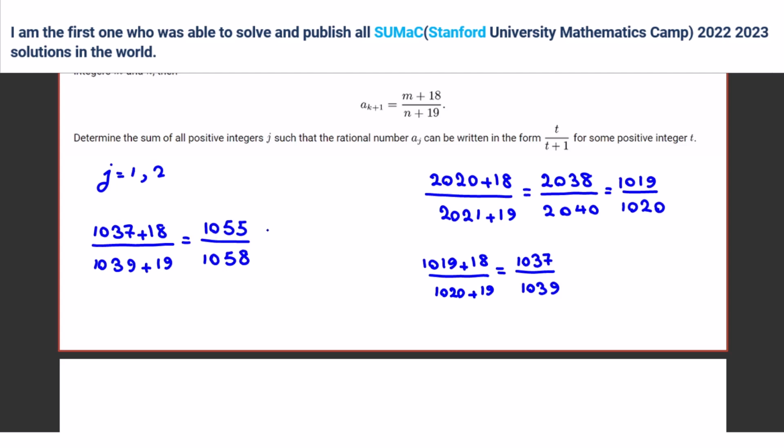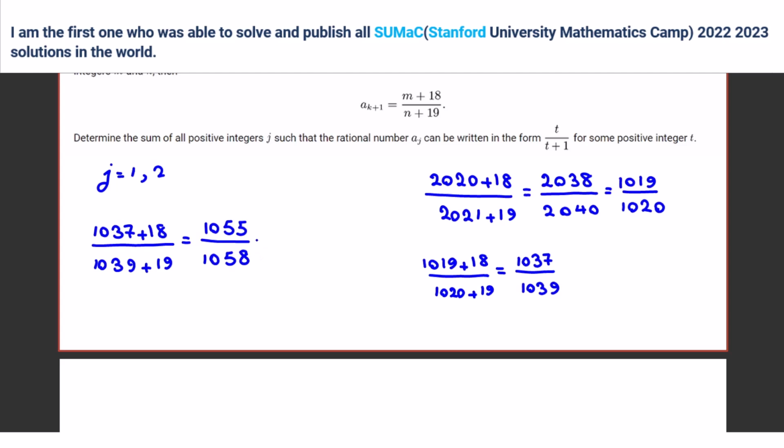The difference is 3. Look, if we cannot simplify, the difference will be 1 more each time. Here the difference was 1, then 2, then 3. Are they multiples of 3? No. So the GCD is again 1.